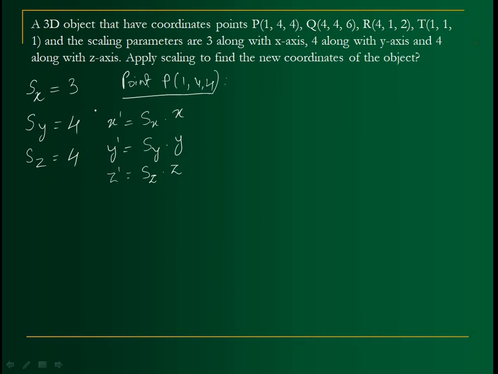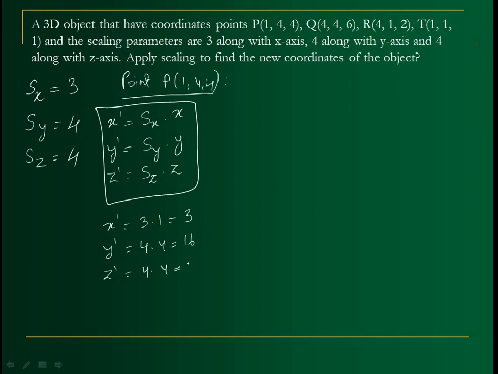Considering this formula, let us apply it to point P(1, 4, 4). Here x dash equals 3 into 1, which is 3. Y dash equals 4 into 4, which is 16. Z dash equals 4 into 4, which is again 16. So the new point P dash is 3, 16, 16.